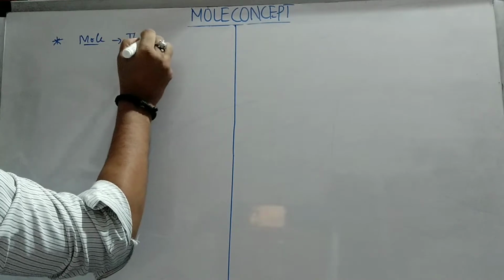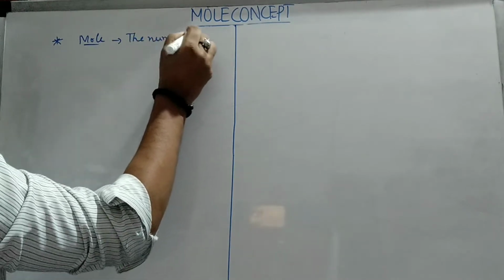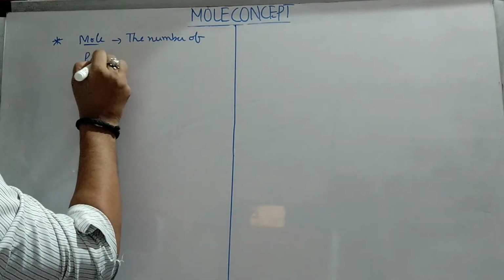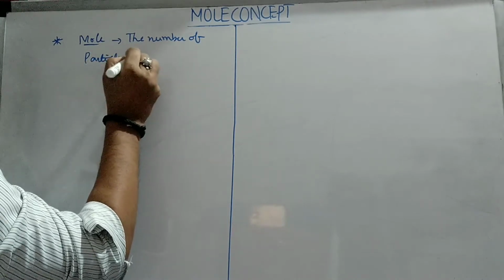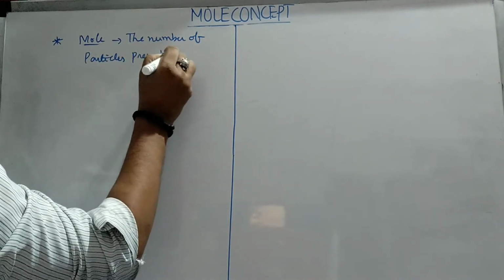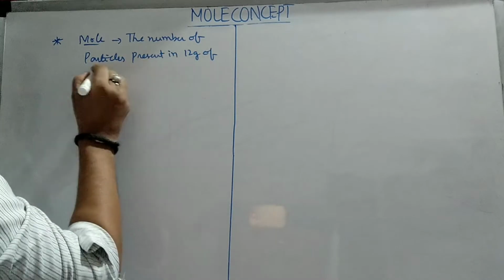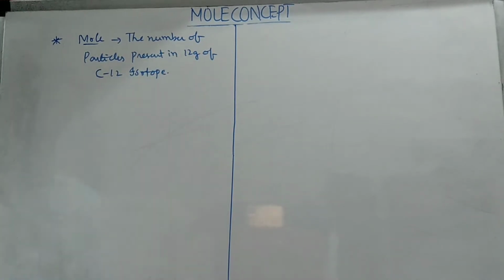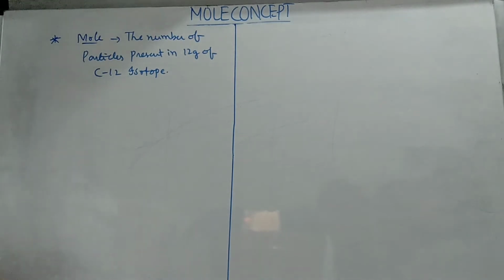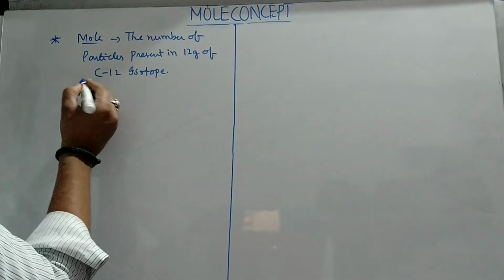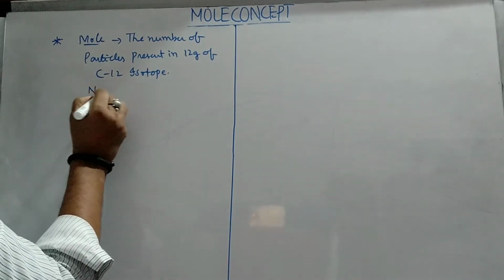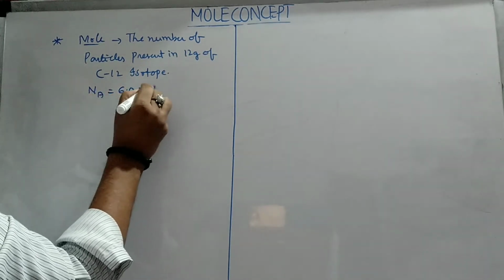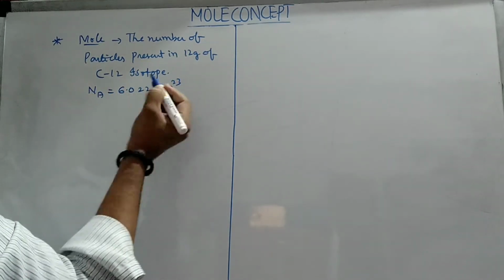The number of particles present in 12 grams of C12 isotope is nothing but the Avogadro number. So how many particles are present? Avogadro number, 6.022 into 10 power 23 particles.